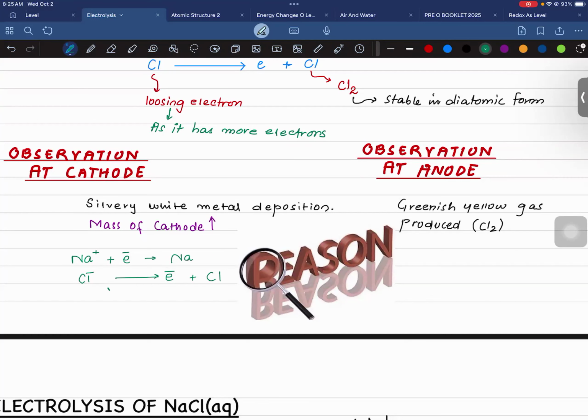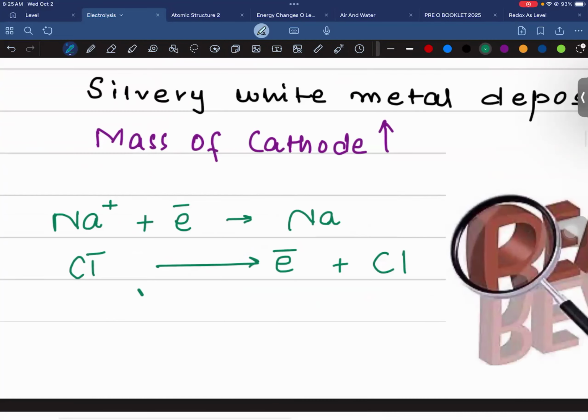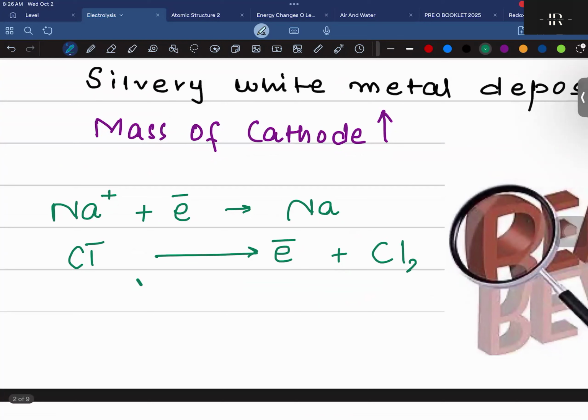As you know that this is unstable in monoatomic form, you are supposed to write 2 in the subscript of chlorine. I would be writing 2 over here.